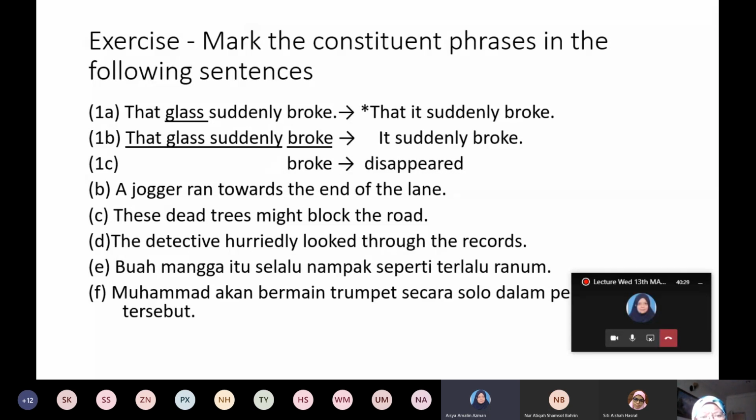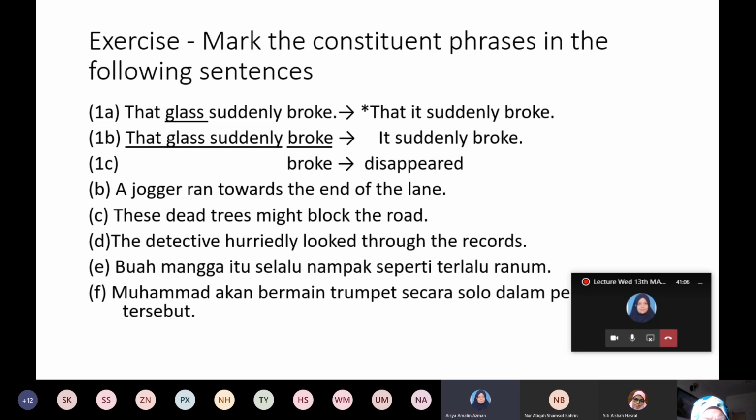Okay, and then block the road maybe we can replace with another verb phrase like maybe got stuck. And then stopped. I think maybe even the road is also one of the constituent because we can change like the dead trees might block the wall. Yeah. So, in actual fact, how many constituents do you see in this sentence? Three. Name me the three.